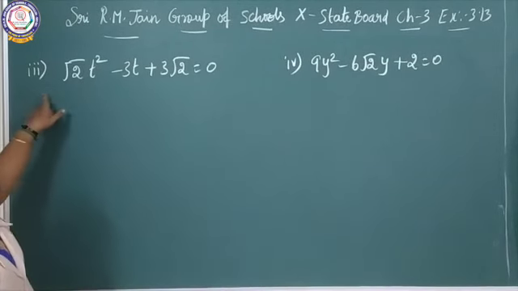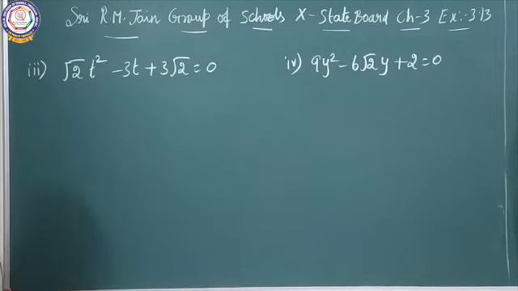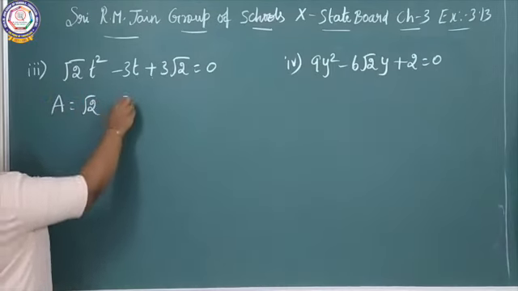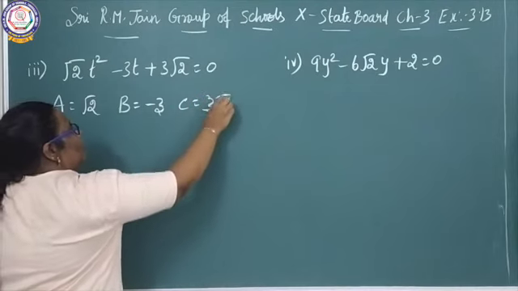See, the third subdivision: root 2 t square minus 3t plus 3 root 2 equal to 0. a equal to root 2, b equal to minus 3, c equal to 3 root 2.